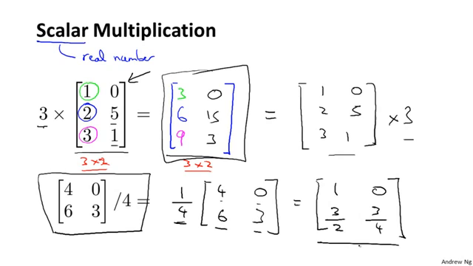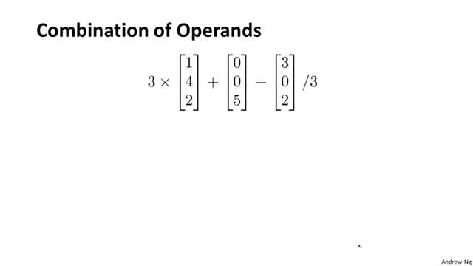Finally, for a slightly more complicated example, you can also take these operations and combine them together. So in this calculation, I have 3 times a vector plus a vector minus another vector divided by 3. Just to make sure we know what these are: this multiplication is an example of scalar multiplication, because I'm taking 3 and multiplying it. And this is another scalar multiplication, or I'm going to write scalar division, I guess.